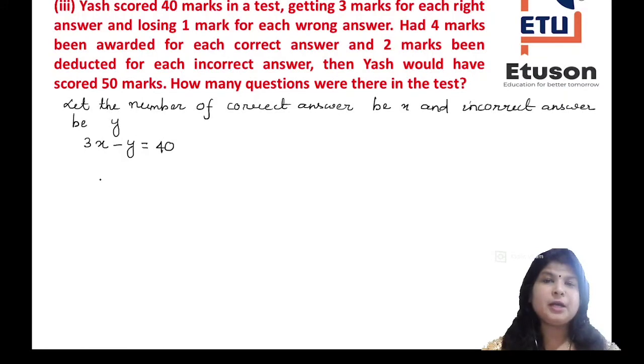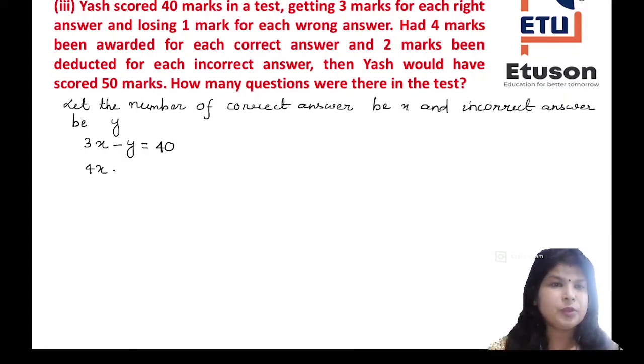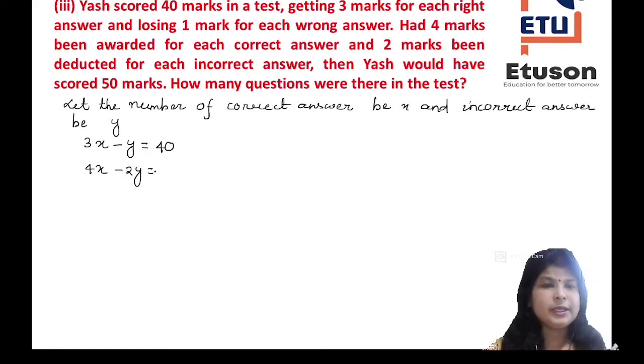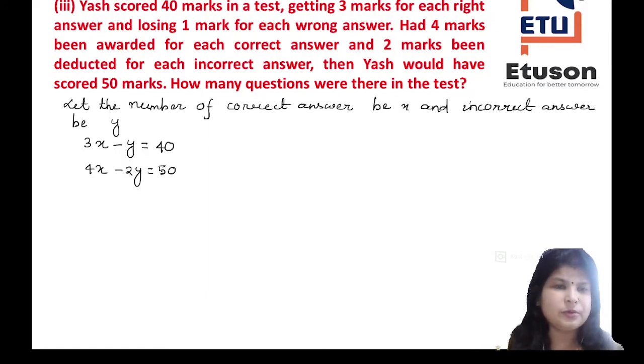If marks would have been different, he would have got 4x, that is 4 marks for each correct answer, 4x minus 2 marks deducted. So instead of 1 mark, here 2 marks are getting deducted. So 4x minus 2y is equal to 50.